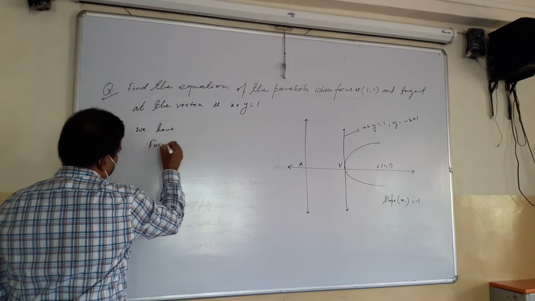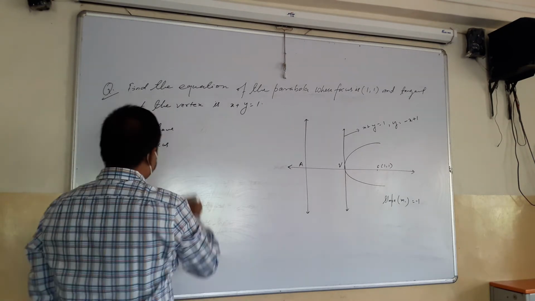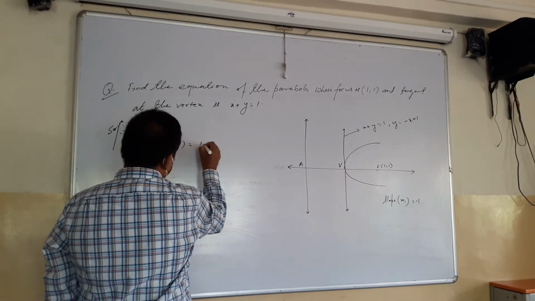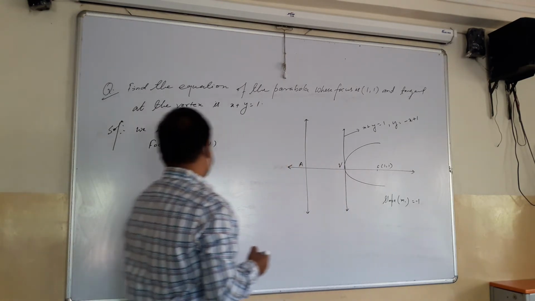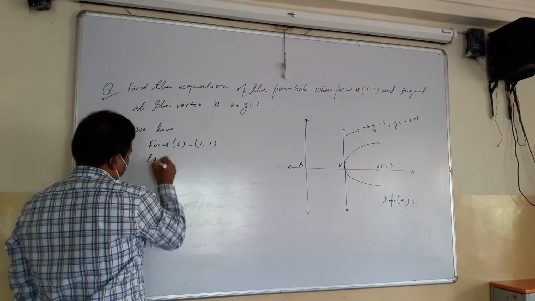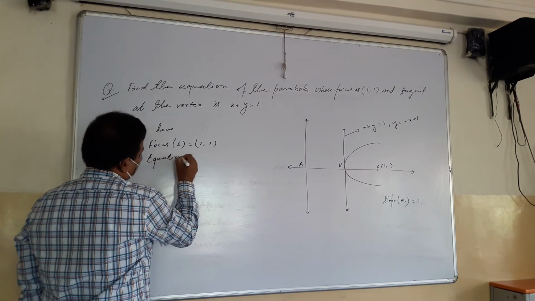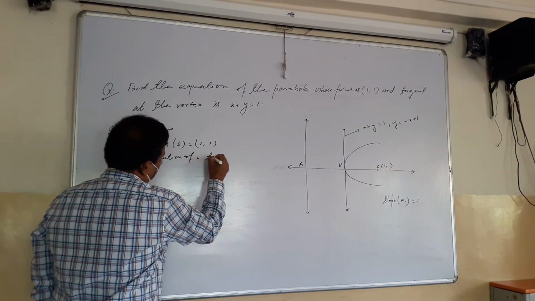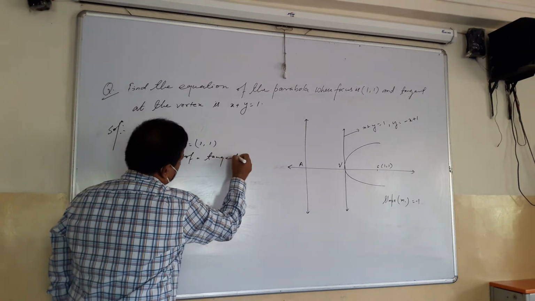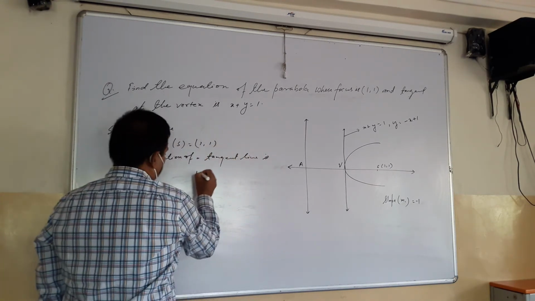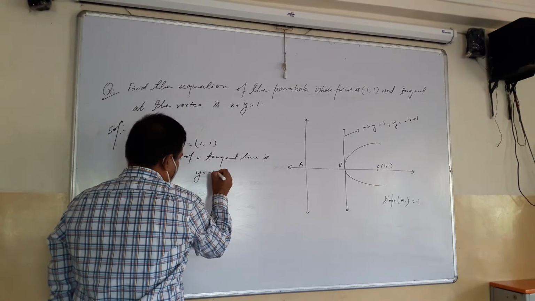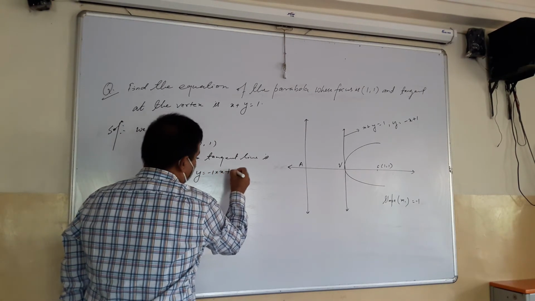So we have focus S as (1, 1). The equation of the tangent line is y equal to minus 1 into x plus 1.